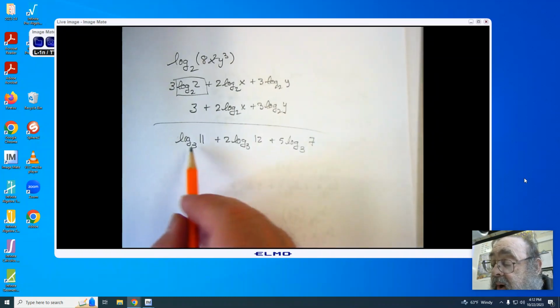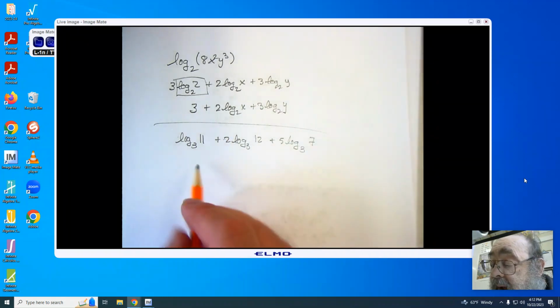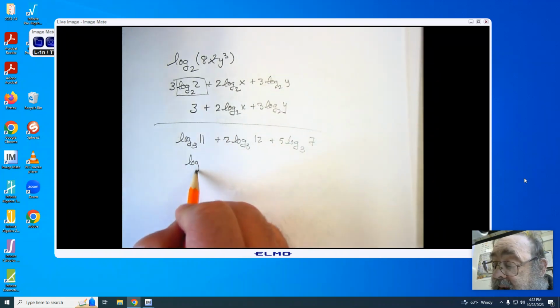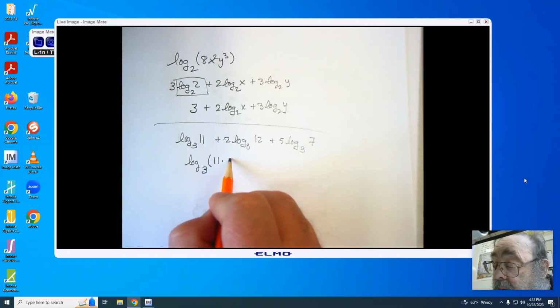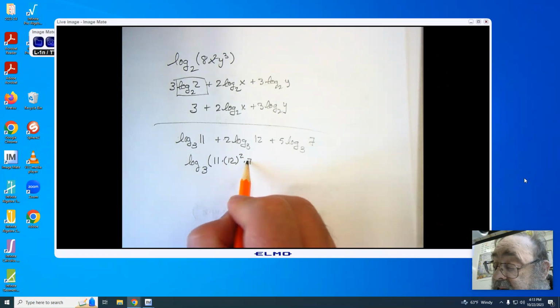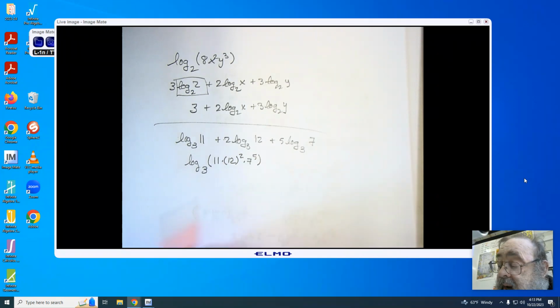So in this problem, we're going to condense by moving all of our powers. So I have log base 3, this is 11, times 12 to the second power, times 7 to the fifth power. Now, if we're not trying to get a whole number, we can go ahead and leave it like this.